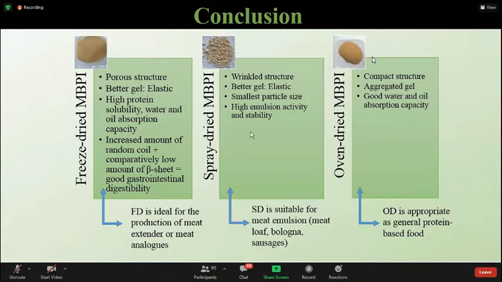Whereas for spray drying, we notice that they have a wrinkled structure, better gel of course, smaller particle size, and high emulsion activity and stability, which is suitable for meat emulsions, for example meatloaf, bologna, or sausages. Whereas the oven dried is appropriate as a general protein base.